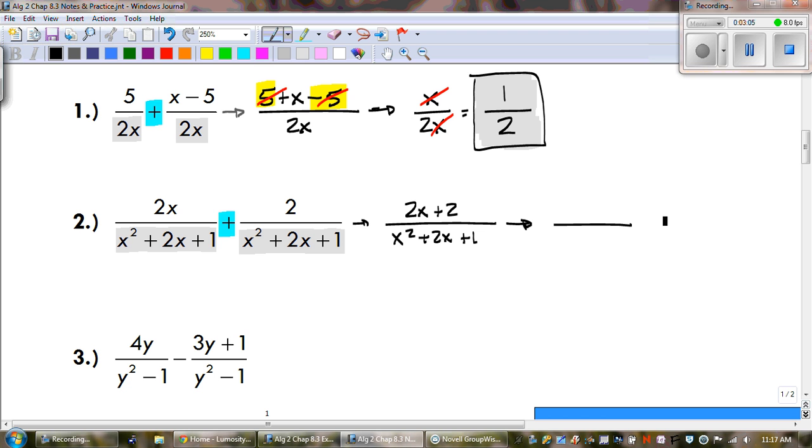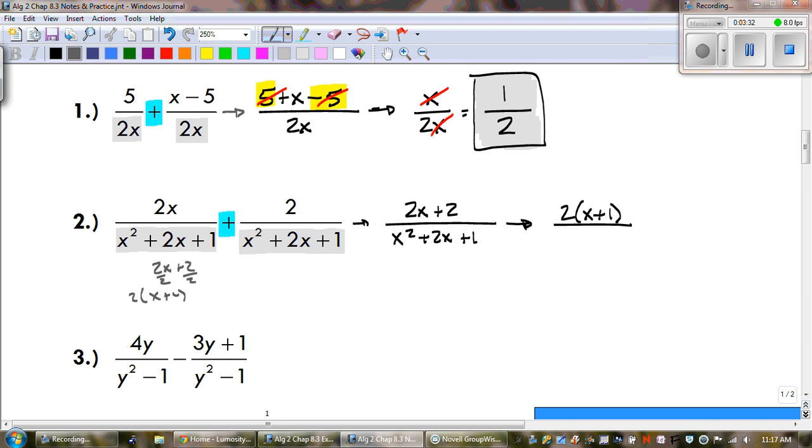On the top, I can factor out my GCF. The GCF is a 2, and what's left is x plus 1. If you need to go off to the side and do 2x plus 2, factor out the 2, and we're left with x plus 1, do it. That's fine. There's nothing wrong with that.